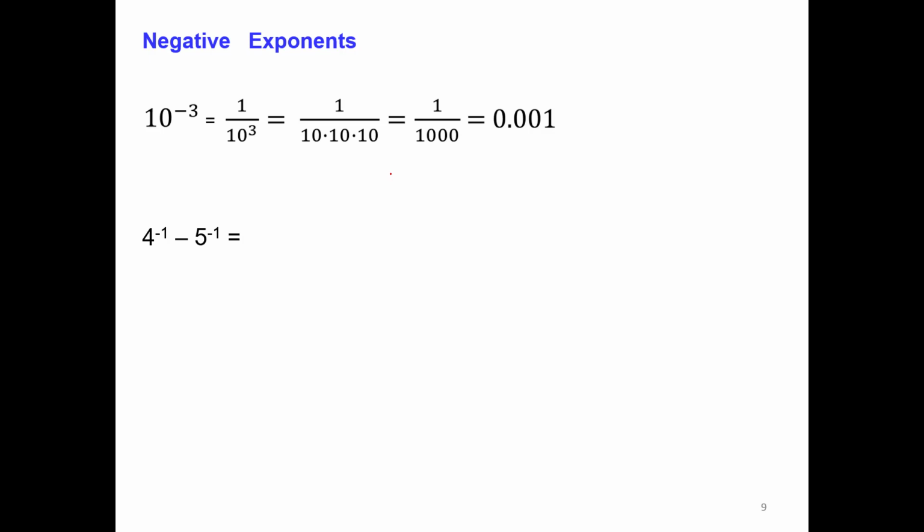To do that, we apply the rule we already learned. For 4 to the minus 1, just move it to the bottom. Let me write here, it will be 1.